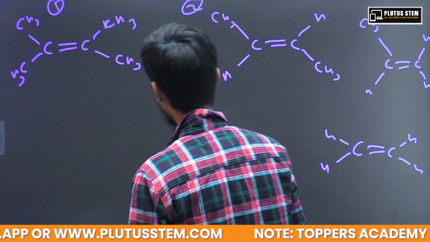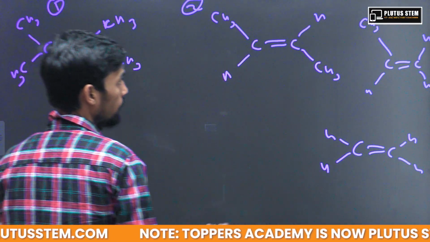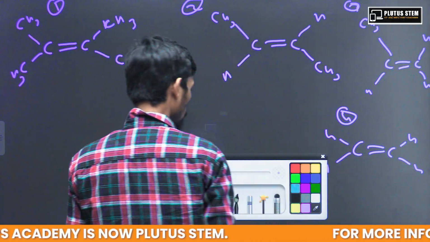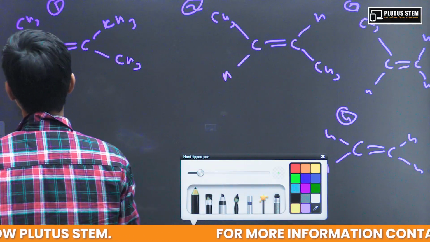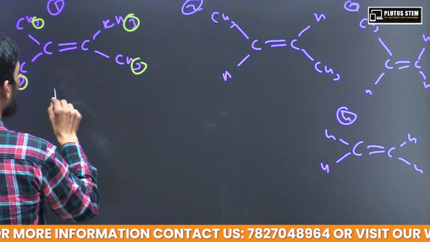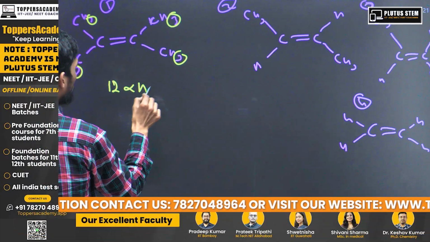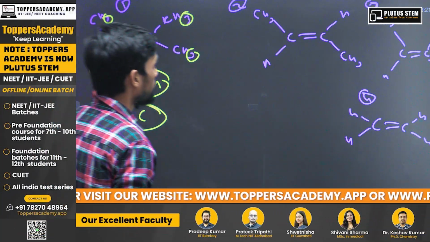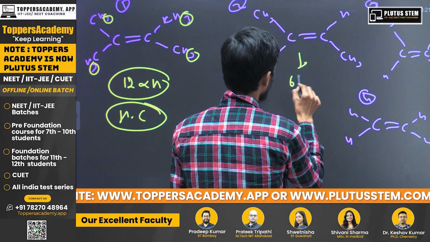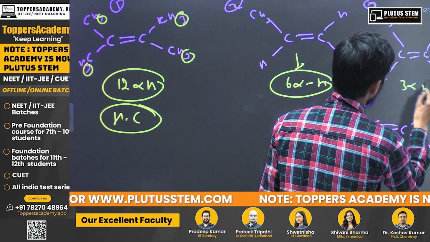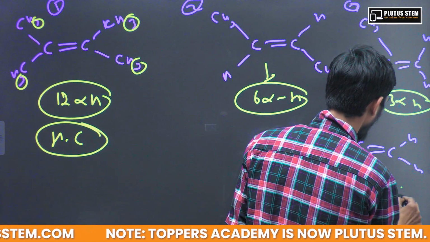And if we compare the stability of 1, 2, 3, 4, over here we are having 3, 6, 9, 12 alpha hydrogen, or you can say 12 hyperconjugation possible. Over here 6 alpha hydrogen, over here 3 alpha hydrogen, 0 alpha hydrogen.